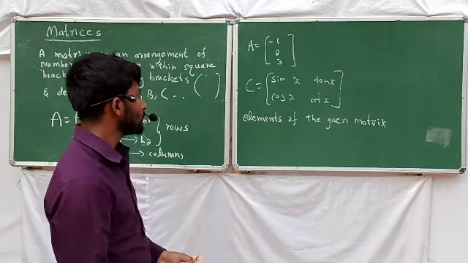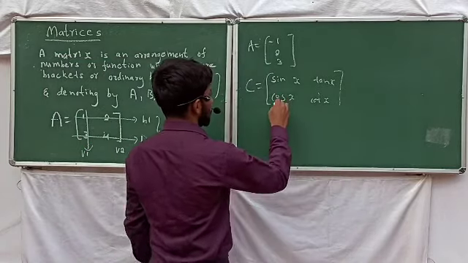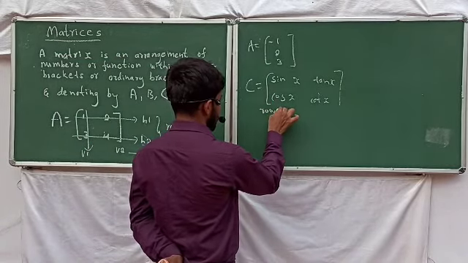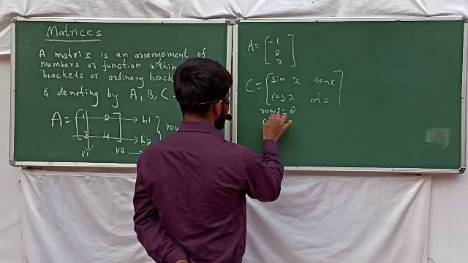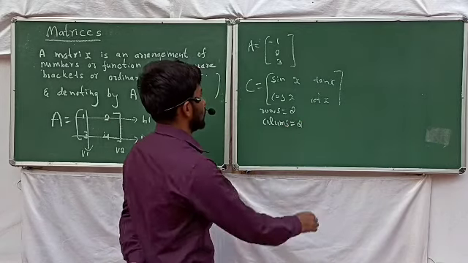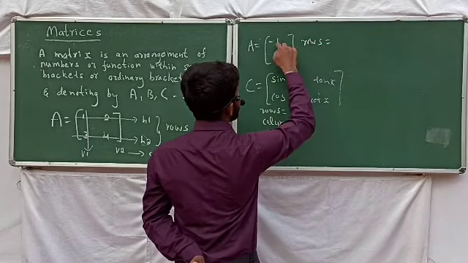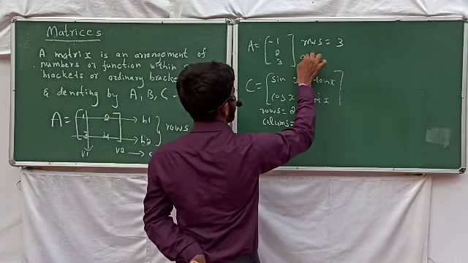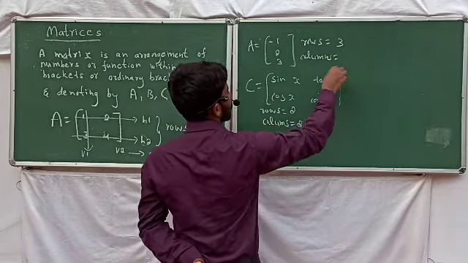Now in this example I am writing: number of rows is equal to 2, number of columns is equal to 2. In this matrix, rows is equal to 3, and columns is equal to only 1.